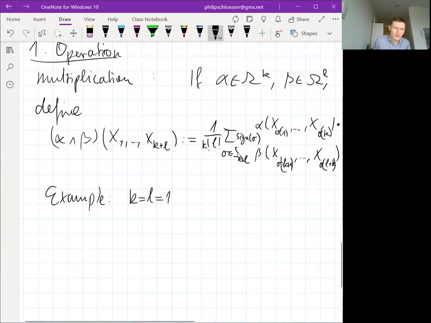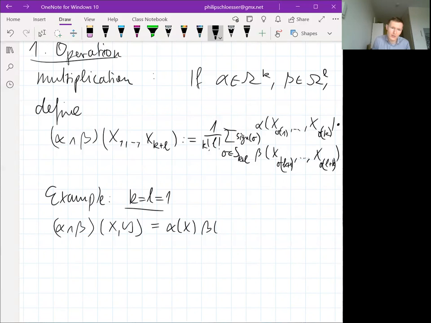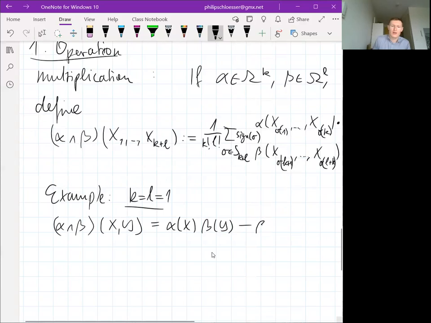Well, anyway, for k equals L equals 1, we have alpha wedge beta, which eats 2 vector fields, X and Y. And how does that look? We have alpha of X, beta of Y, corresponding to sigma equal to the identity. And then we have minus alpha of Y, beta of X, corresponding to the permutation that exchanges 1 and 2.